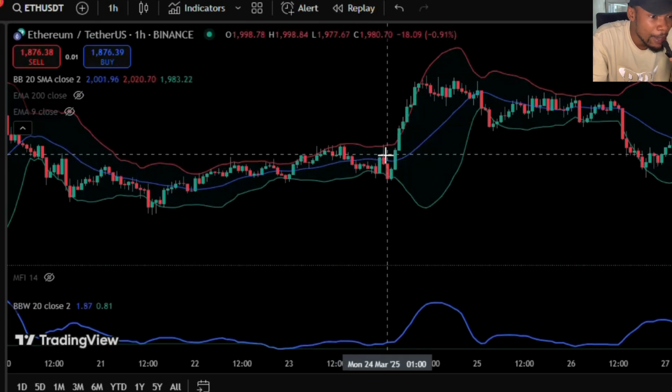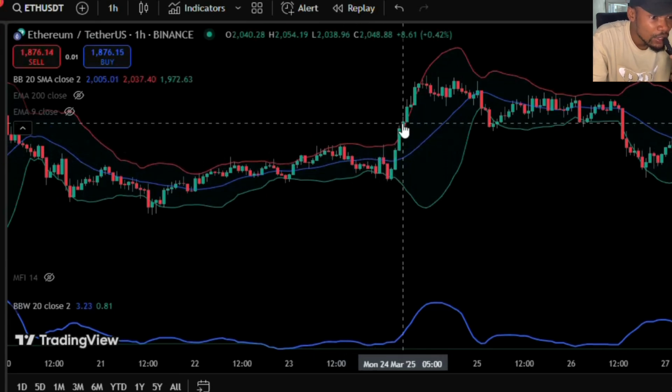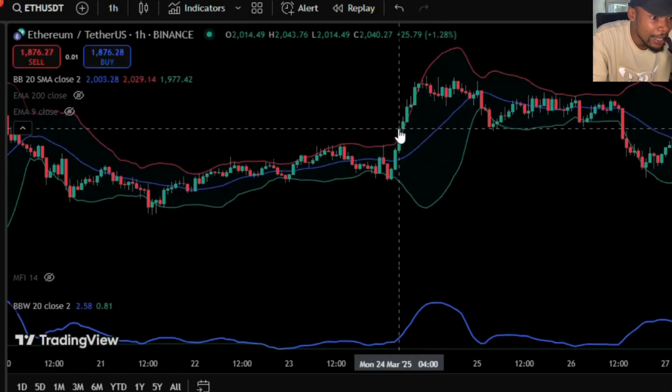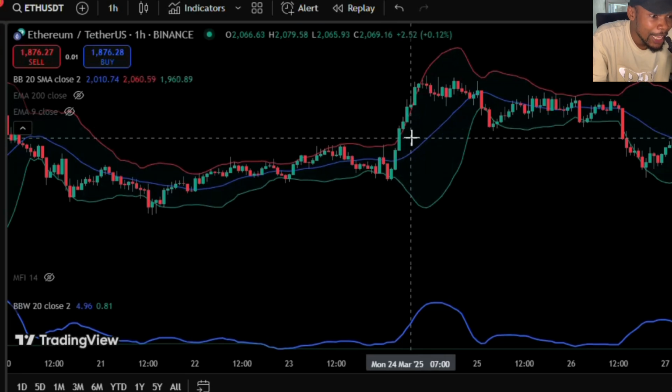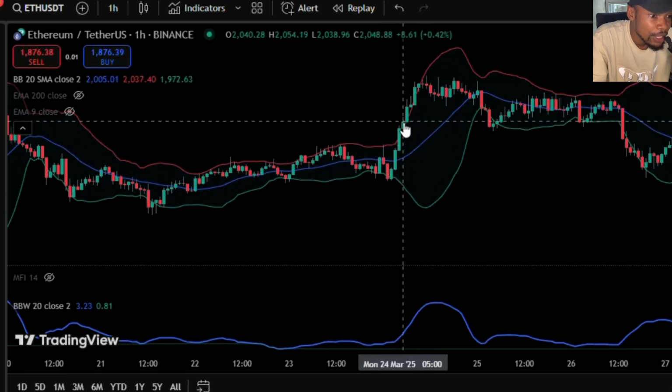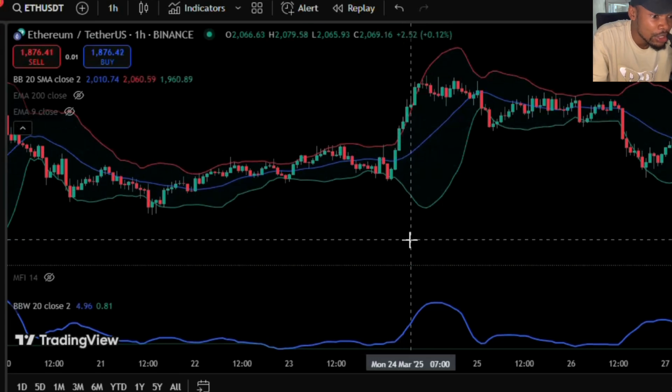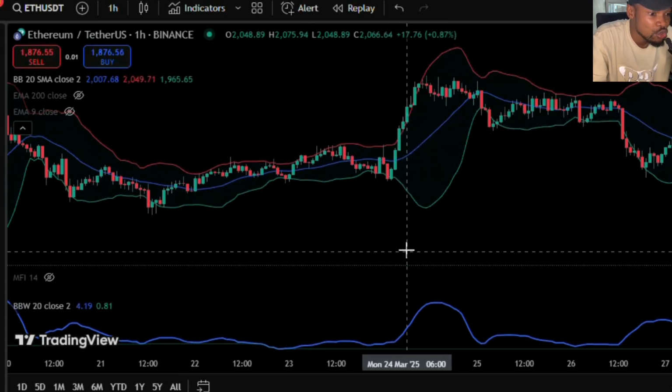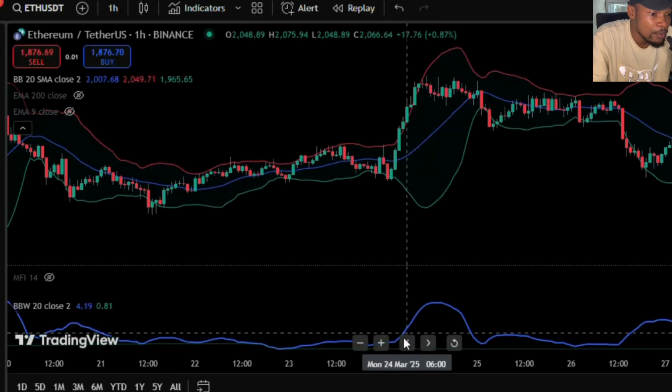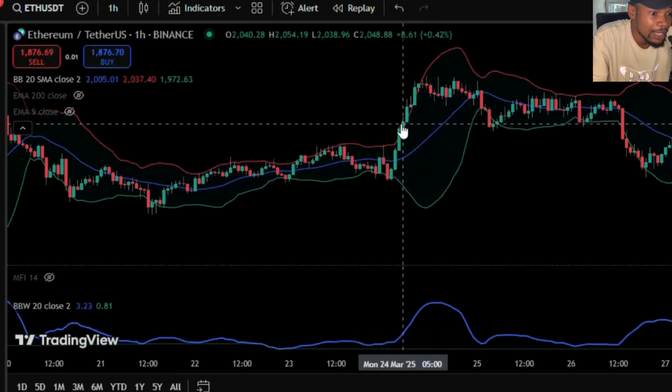So the first proper signal we found was this guy. This guy, the two of them are nice. When we entered here, you can see a large part of the candle is above, and the BBW tells us that there's a swell. When there's a swell in the BBW, going up, then we would have entered at this point.